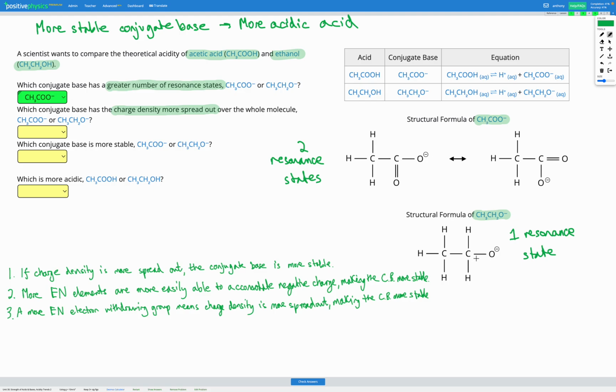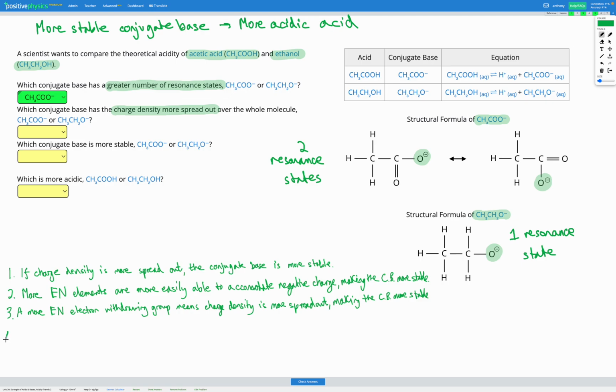Now, looking at our structural formulas, if we have more resonance states, that means my acidic oxygen could be here or it could be here. So in reality, we get a kind of hybrid between those, and the charge is spread out between both of those oxygens. In this structural formula, however, the charge is always on this one oxygen here. So the charge is going to be more spread out in the situation where we have more resonance states.